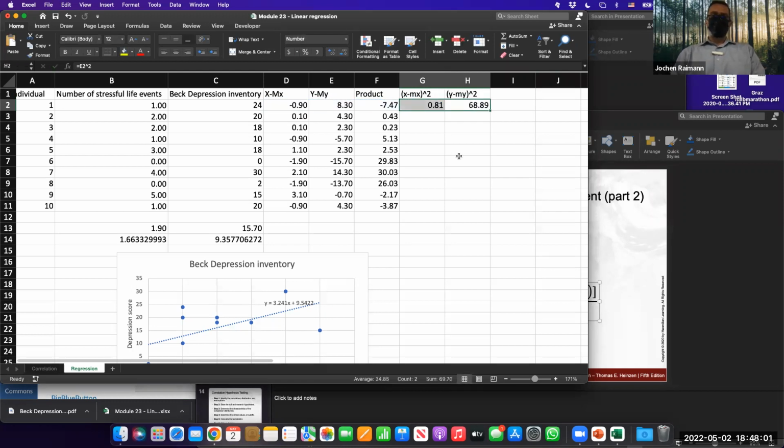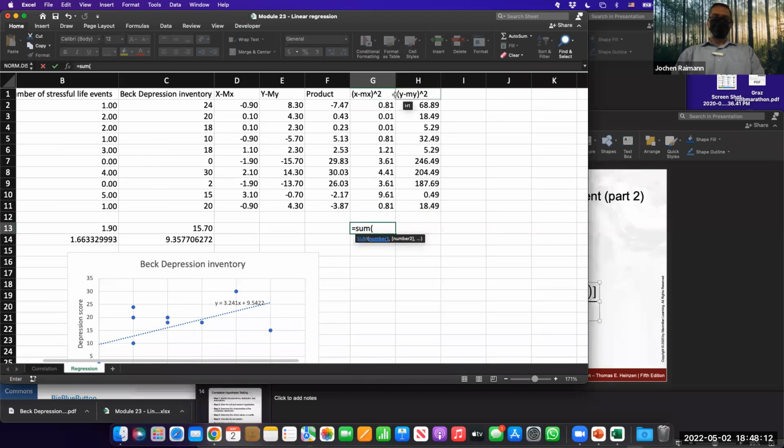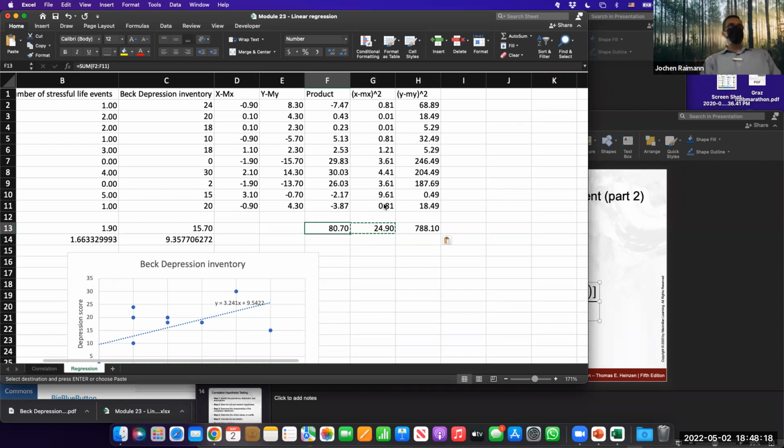Good. This being said, we can carry on. We get our sum of squares, which is the sum of this, and the sum of this. So these are our sums. This is the sum of the product. This is the sum of squares.